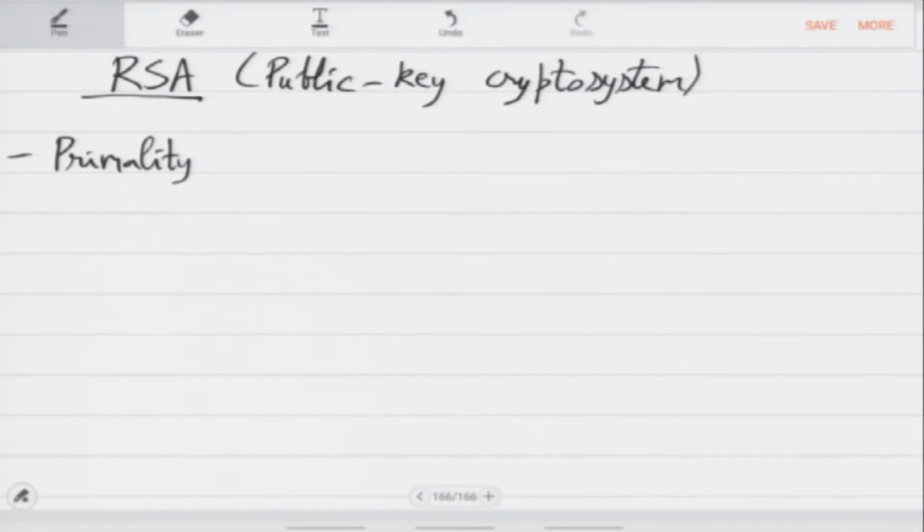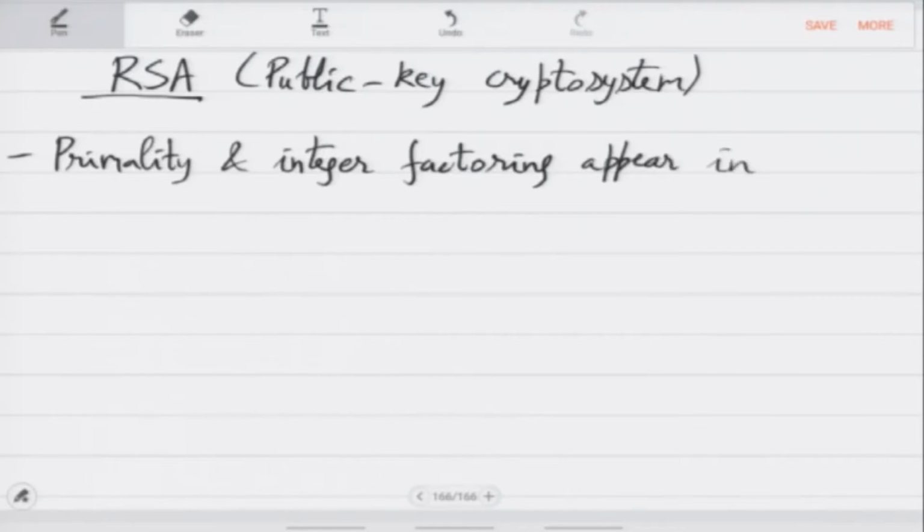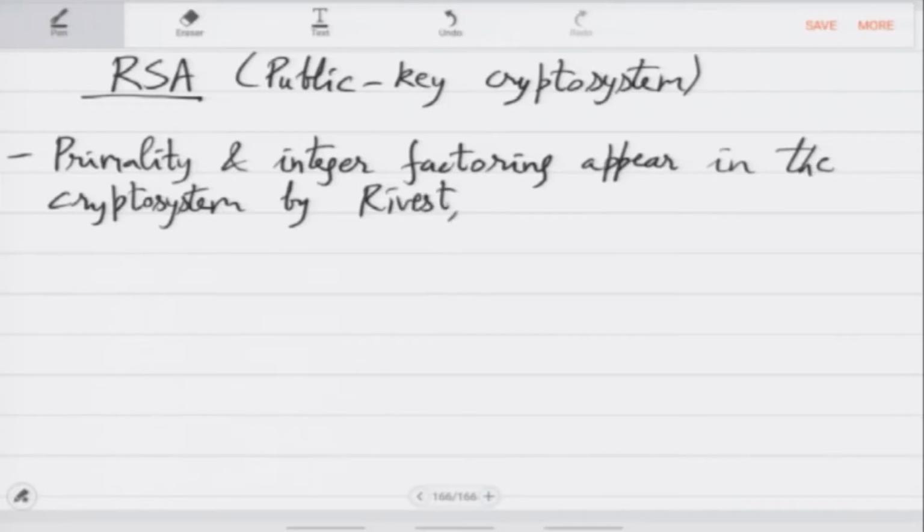So both primality and the opposite of this, which is the search version of primality, integer factoring, both appear in a crypto system designed by Rivest, Shamir, and Adleman in 1977.